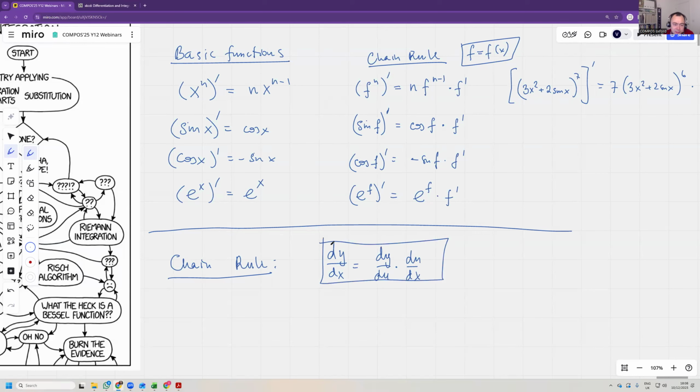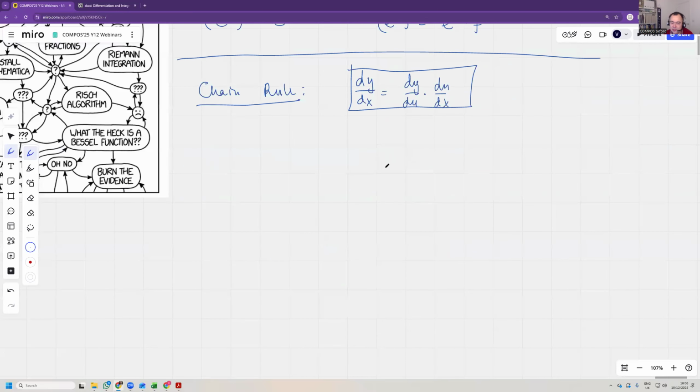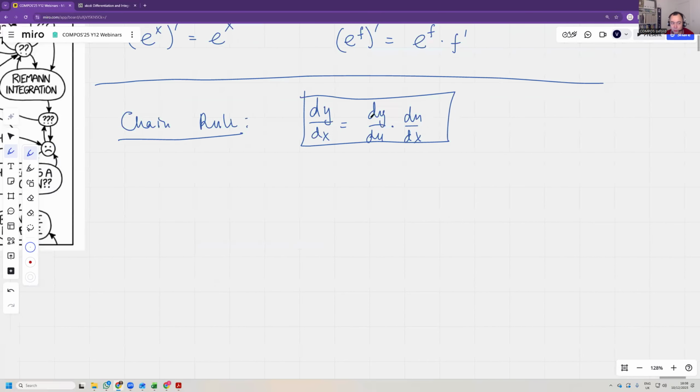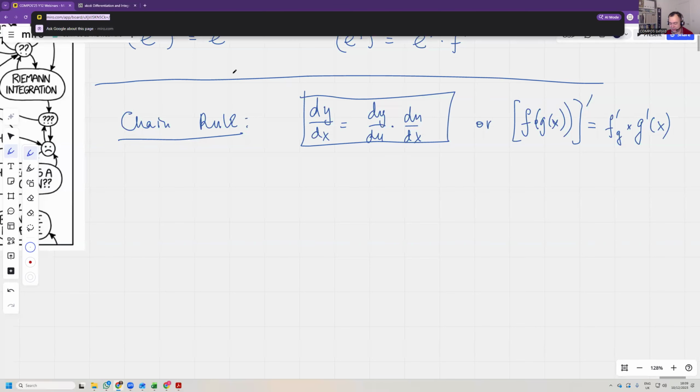Honestly, this probably tells you nothing if you aren't already familiar with the chain rule. Or the chain rule can be written like this: the derivative of f of g of x, the derivative of a composite function, is the derivative of f with respect to g multiplied by g dash x, which is also really unsettling. How to access the whiteboard? Here you go.